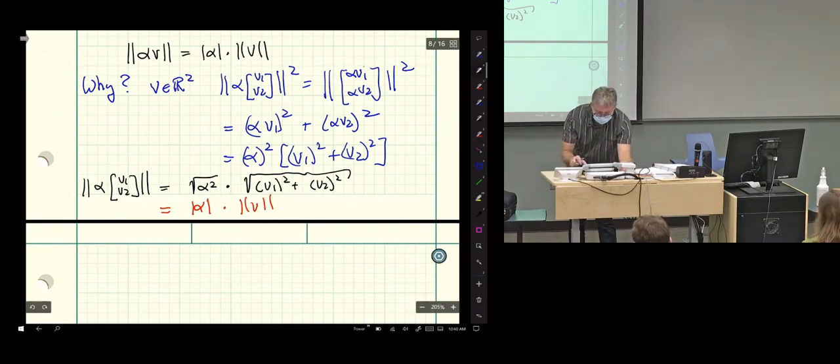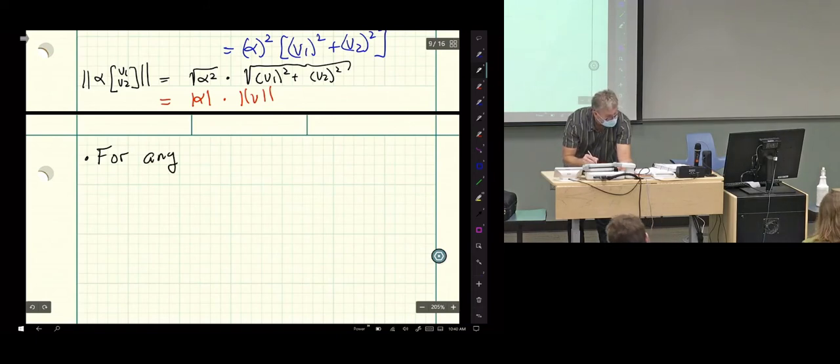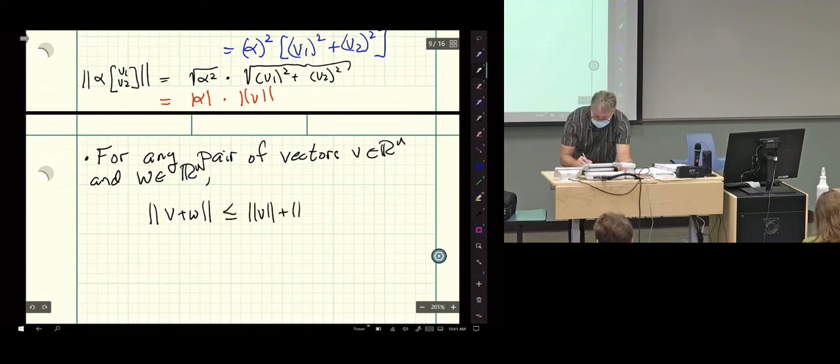Cool, we're gonna have just enough time. There's one more property. For any pair of vectors, v in Rn and w in Rn, the norm of the sum of the vectors is upper bounded by the sum of the norms of the vectors.